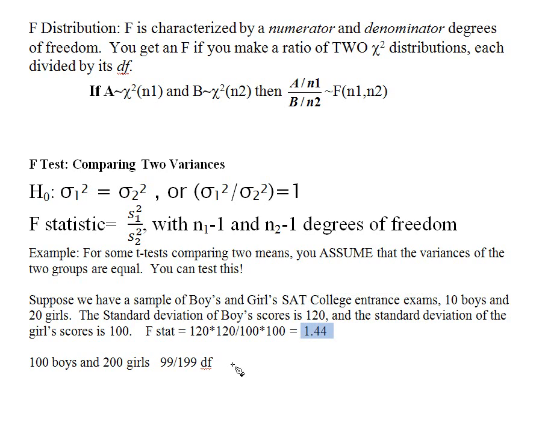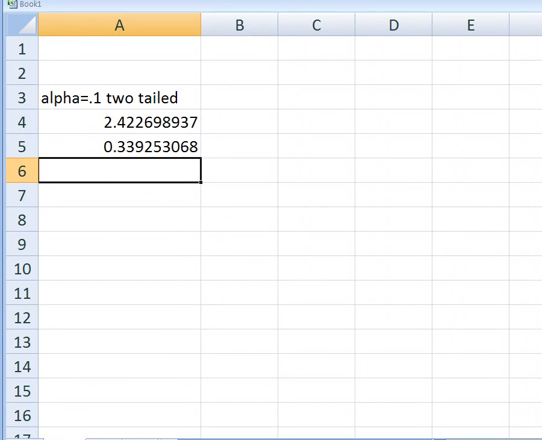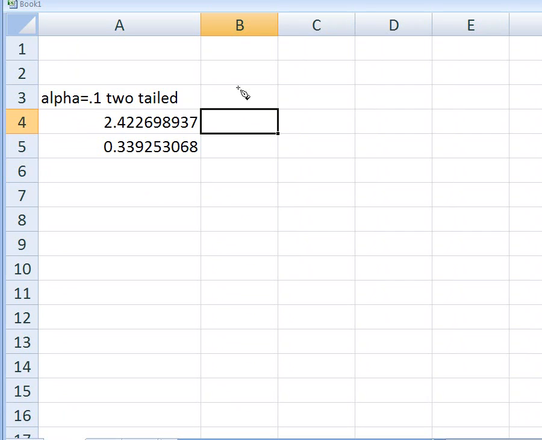What's going to change are the critical values. Let's go back to Excel and find what those critical values would be. So we're going to do F inverse, and we're still going to do 0.05 and 99 numerator and 199 denominator degrees of freedom.